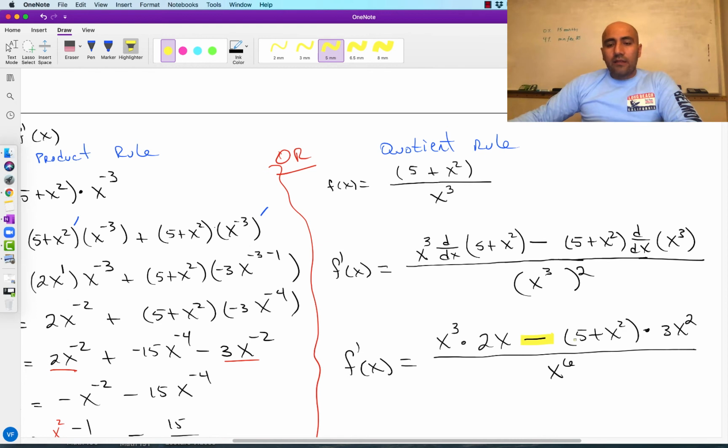So be careful not to just include it to the 5, minus 5. It's going to be minus this term and then also this term. And we also have to distribute the 3x squared. So this needs to be distributed there, and this needs to be distributed there.